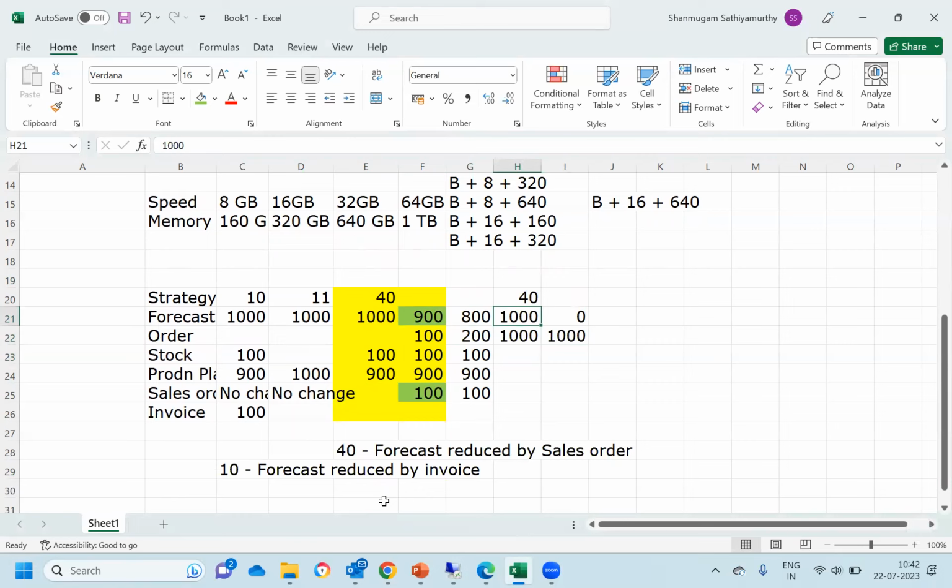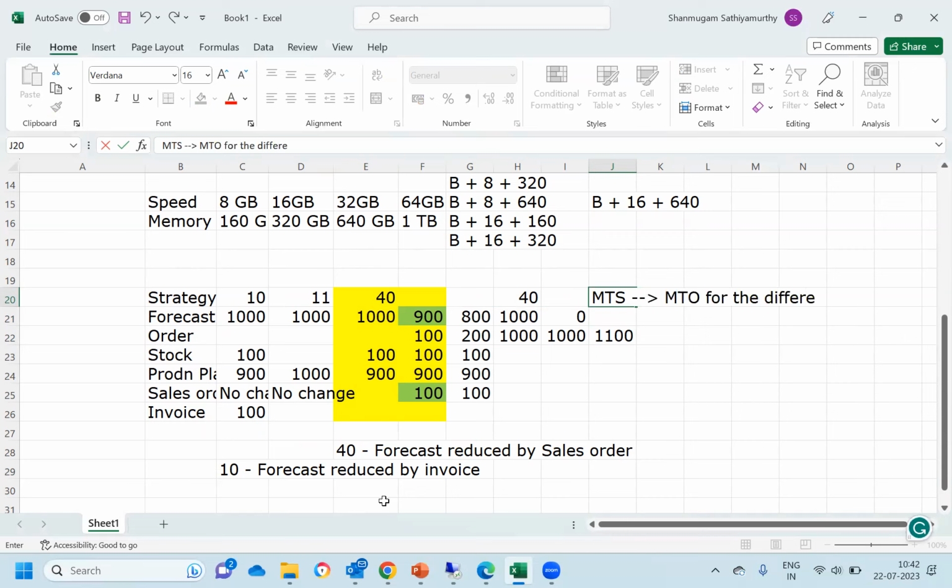But now if I get 1100, strategy 40 will accommodate this also. Which means above the forecast, I can produce 100 more. When I get orders more than the forecast, strategy 40 converts from make to stock to make to order for the difference quantity.